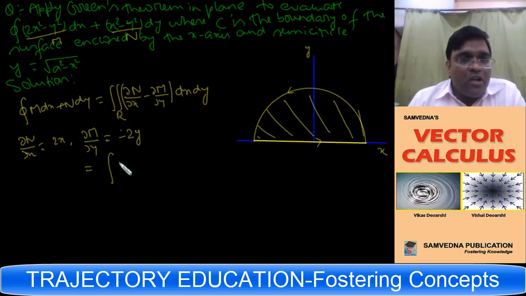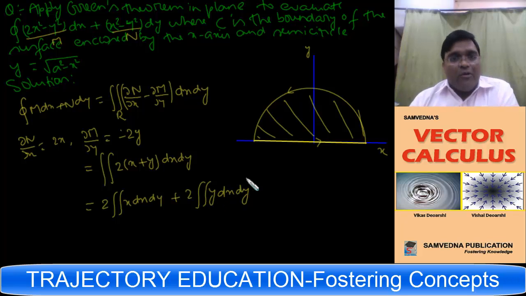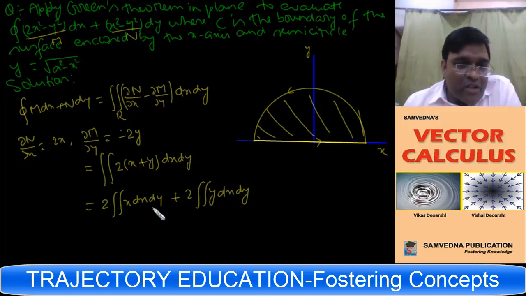So this double integral becomes equal to the double integral of (2x plus 2y) dx dy, or this comes out to be 2x dx dy and 2y dx dy.